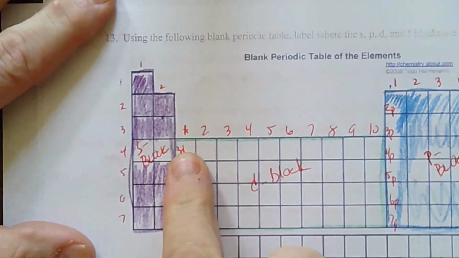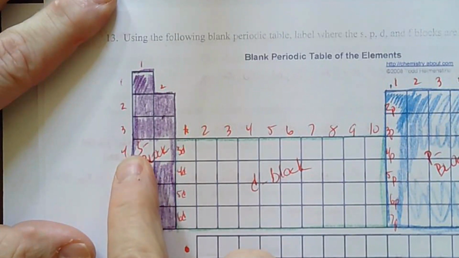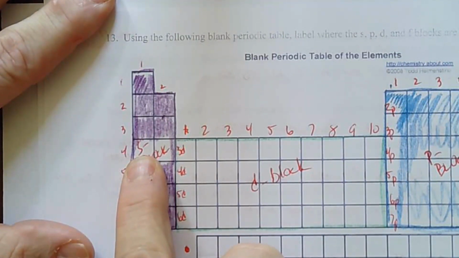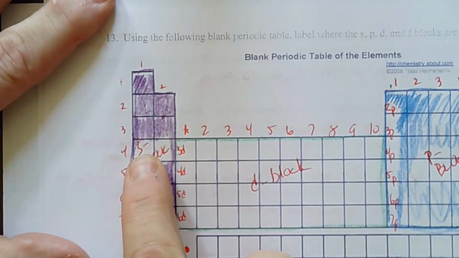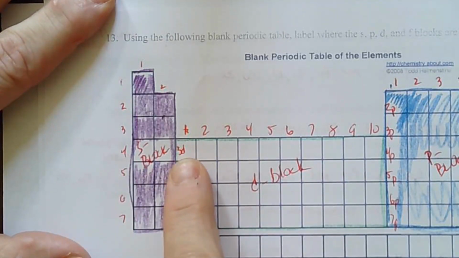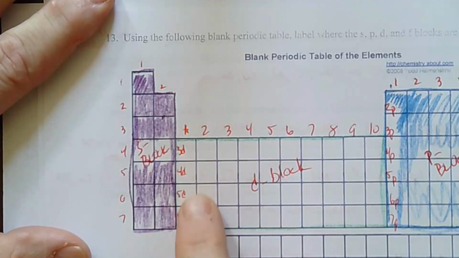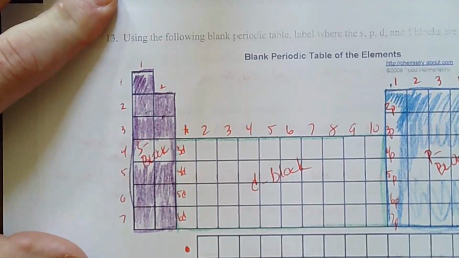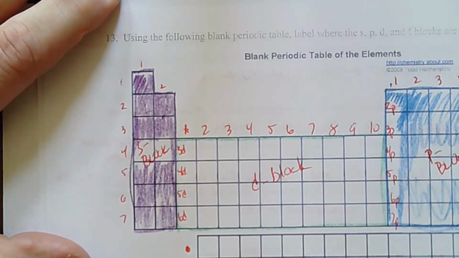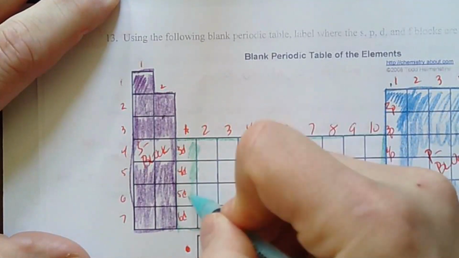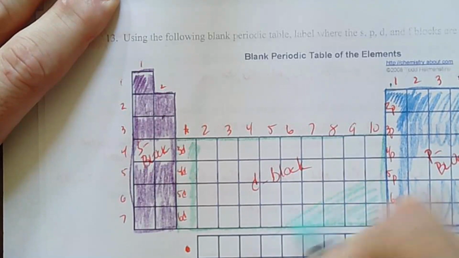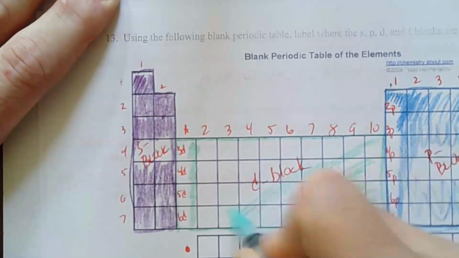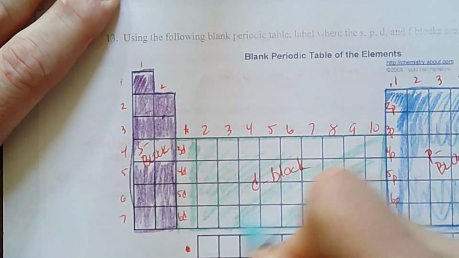Just have to remember that even though it's in period 4, which for the S and the P means it's the 4th energy level, the D is one behind. So it's 3D, 4D, 5D, and 6D. So we'll do some nice coloring.